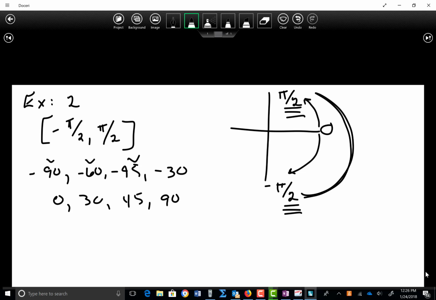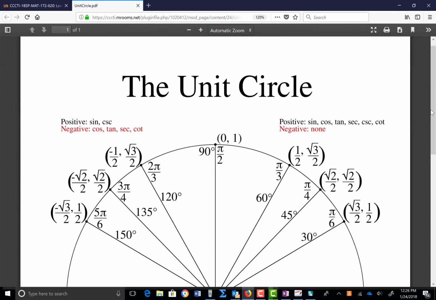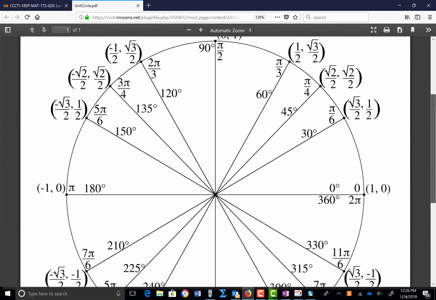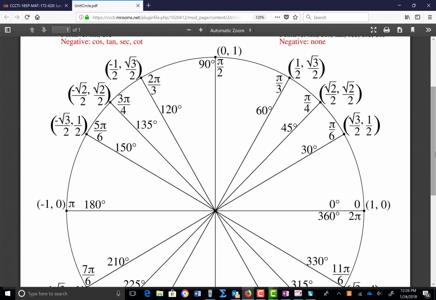If we take a look at example 2, it says the inverse sine of negative 1. So if I pull up my unit circle, remember that the sine value is the y value. None of the y values are going to be negative in the first quadrant.